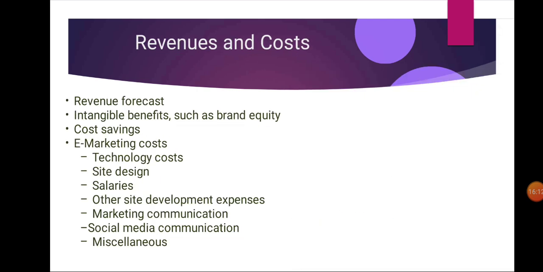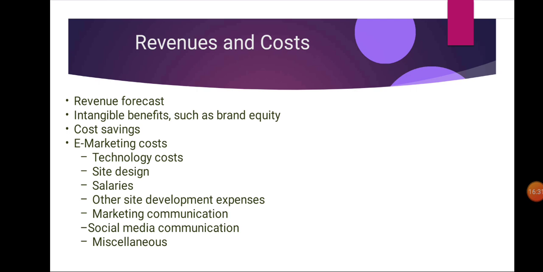Next, revenue and cost. Obviously revenue forecast matters a lot. Intangible benefits such as brand equity. Brand equity is the value given by the customers to the brand, how they evaluate it, and how a brand pushes a product. Cost savings matter a lot.